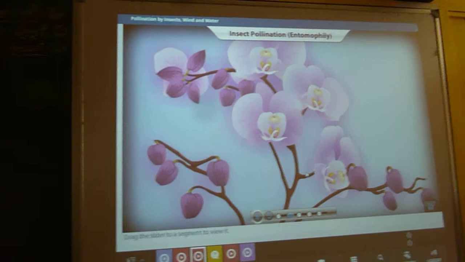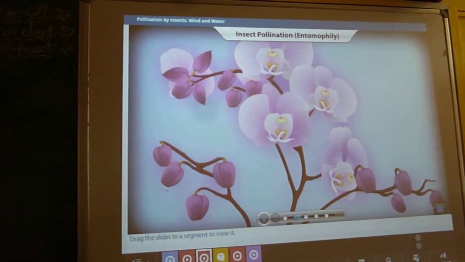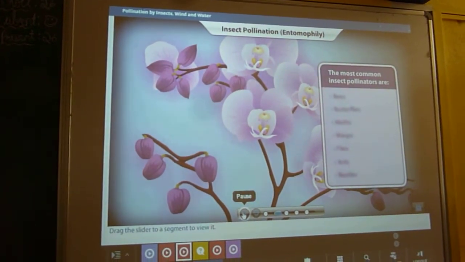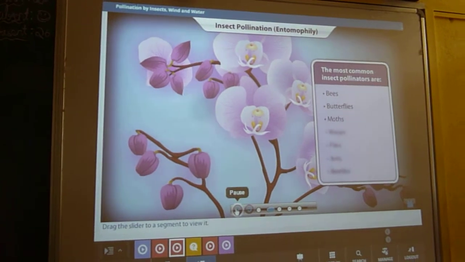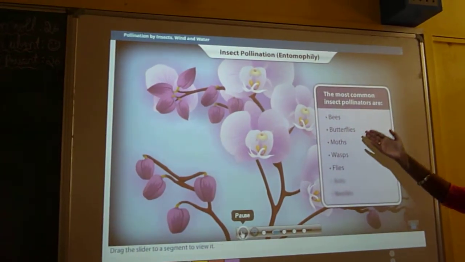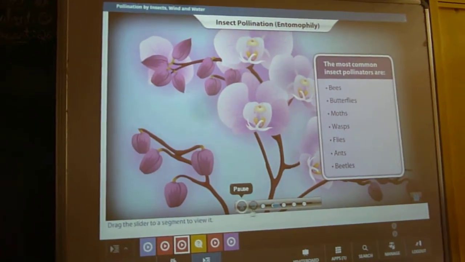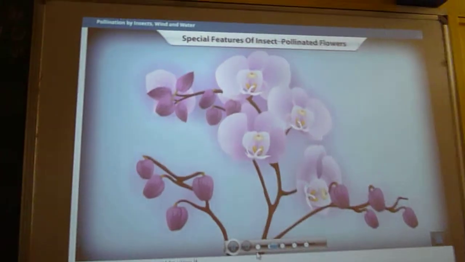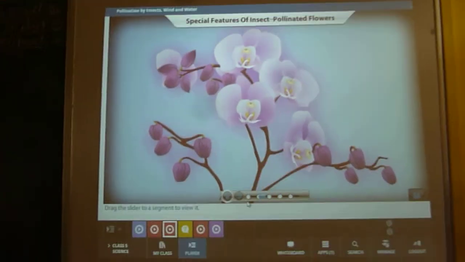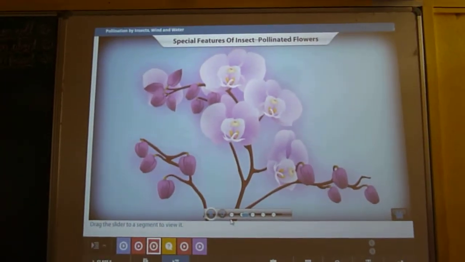The most common insect pollinators are bees, butterflies, moths, bats, flies, ants and beetles. Some special features help flowers get insects to pollinate them.